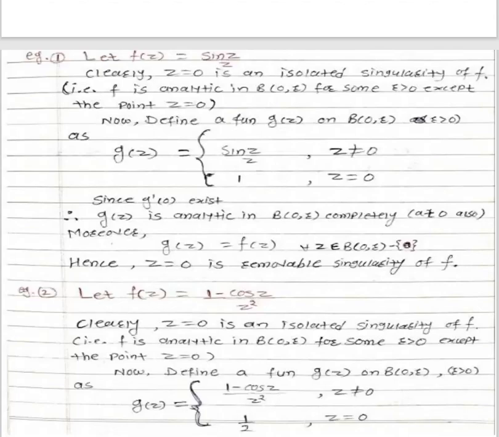Second one, 1 when z equal to 0. Since g dash of 0 exists, g dash of z exists. So therefore g of z is analytic in the open circle center 0 radius r completely. Moreover, g of z equal to f of z for all z belonging to the open circle minus singleton 0. Hence z equal to 0 is a removable singularity of the function f.